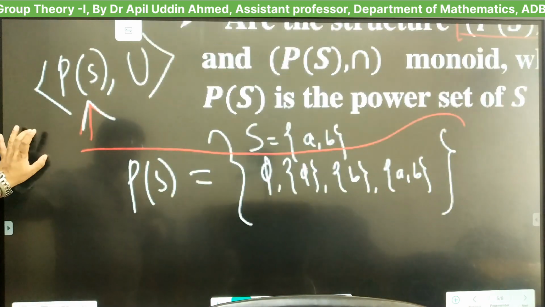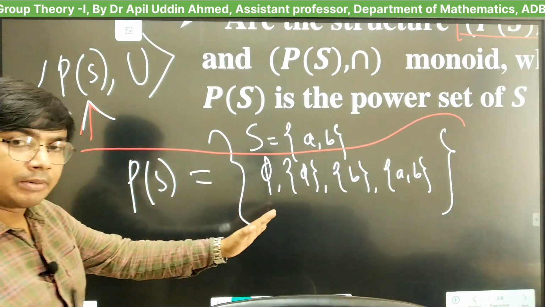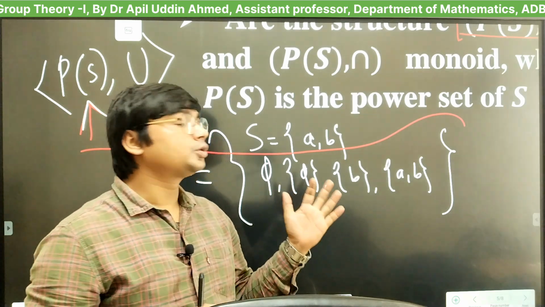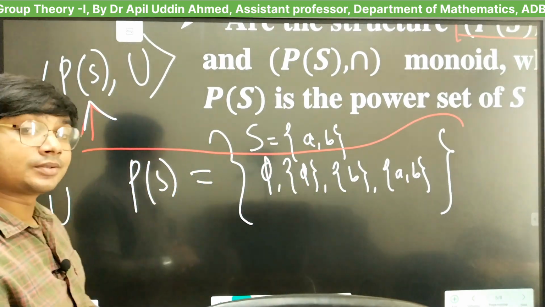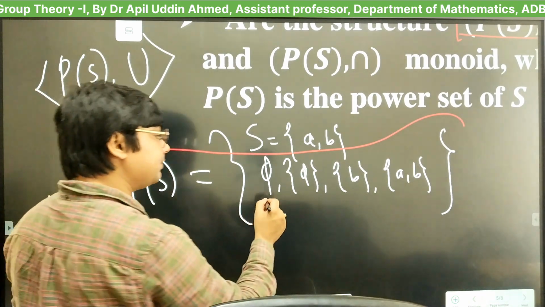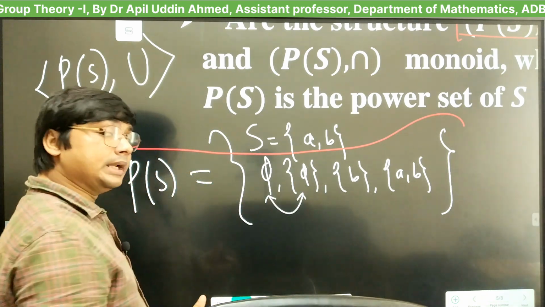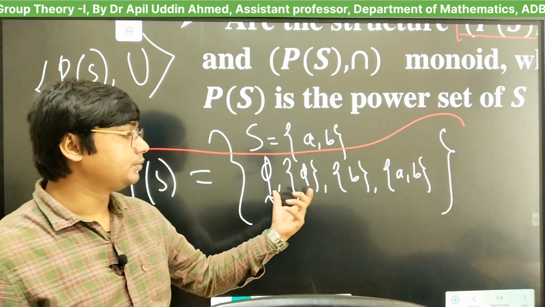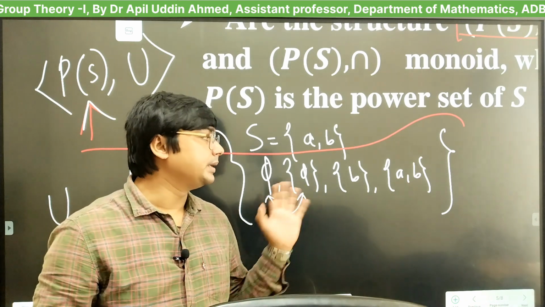Now if we want to verify whether this power set is closed with respect to union, you see it will be closed. Why? Because if we consider any two elements from this power set and take the union of them, we will get another set which will be in here.